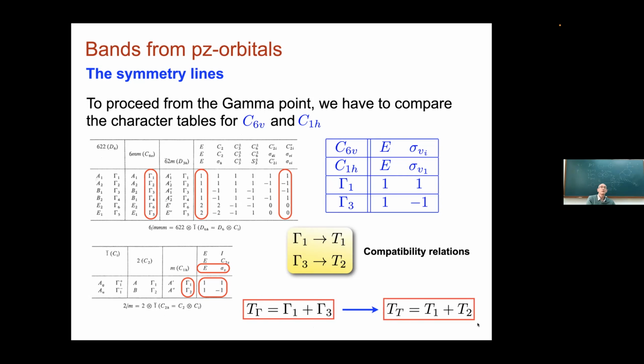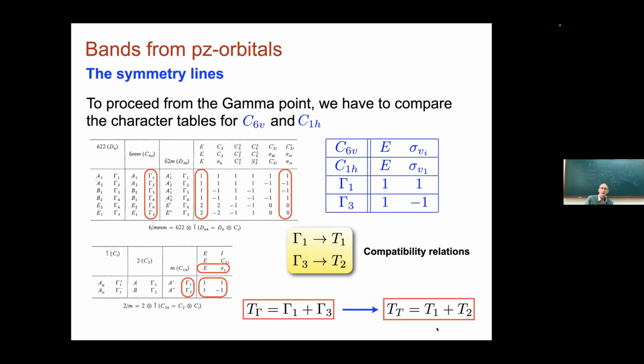Remember, that's what we did with the molecules. Since we knew the decomposition of the vibrational representation for the methane molecule, we could use subduction to compute the vibrational representation for the deuterated methane molecule without doing anything, just by using the compatibility relation.